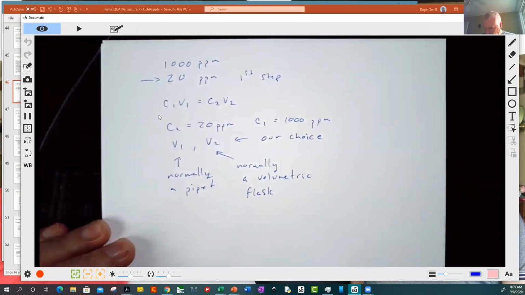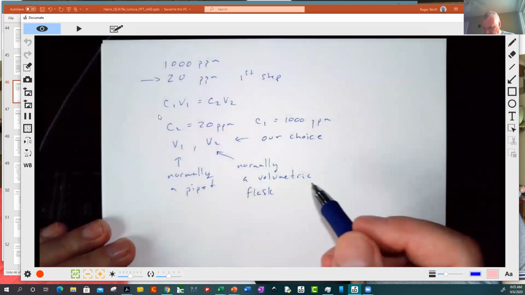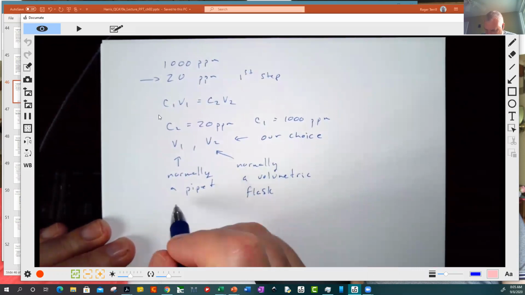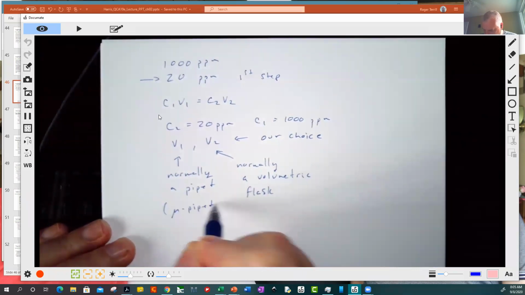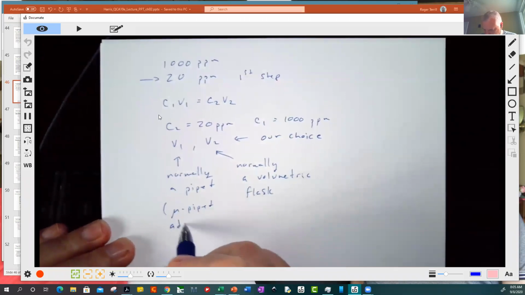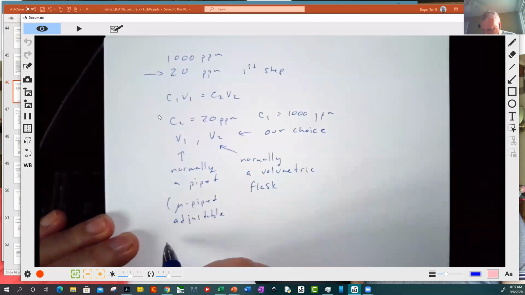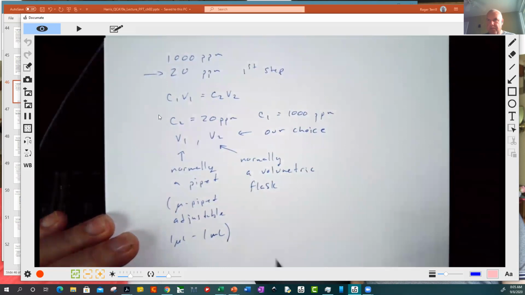So that constrains the choices that we have. Now, if we use an adjustable micropipette, then our constraints are basically 1 microliter to 1 milliliter. It's much less constrained.